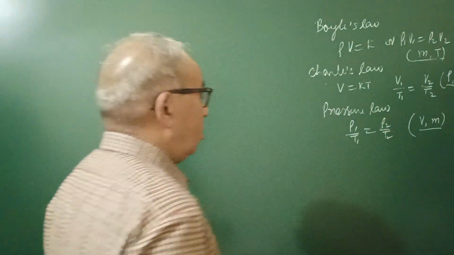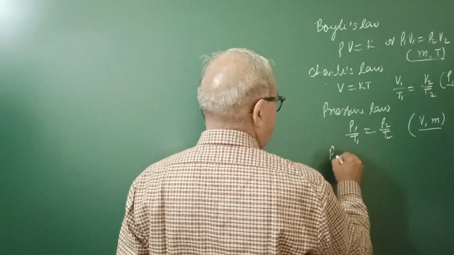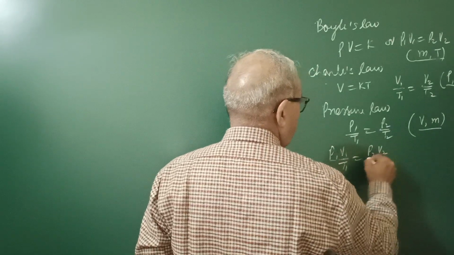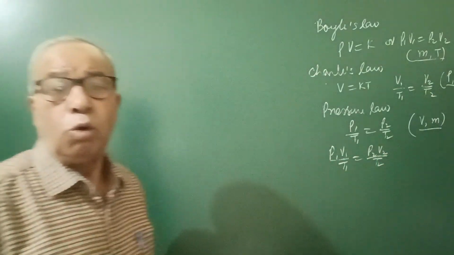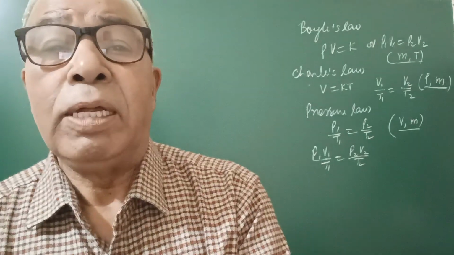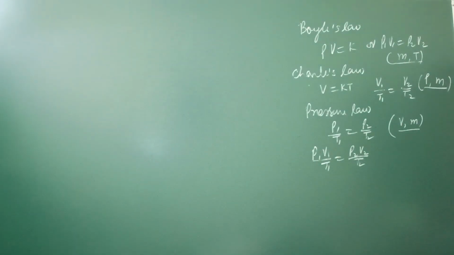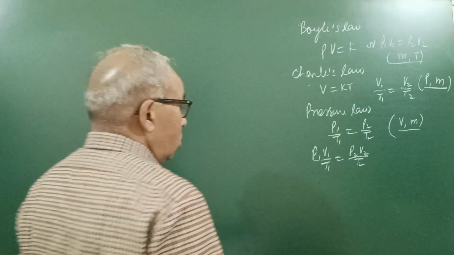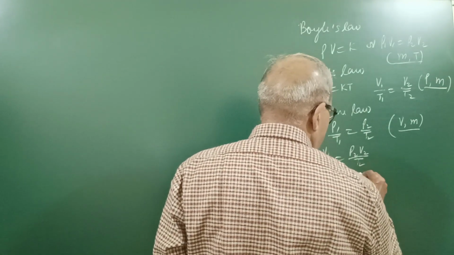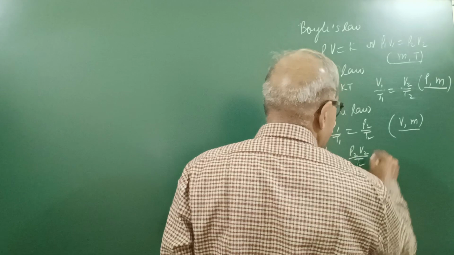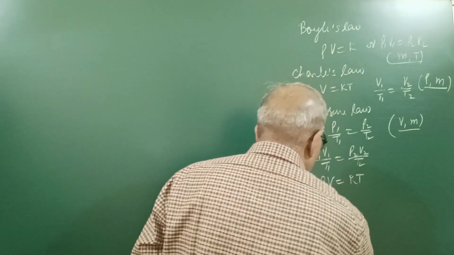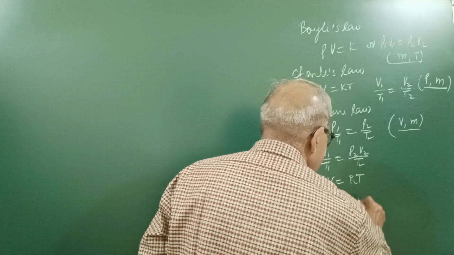Then the general equation we can write: P1 V1 upon T1 equal to P2 V2 upon T2, which can also be written as PV equal to RT for 1 mole, with temperature everywhere taken in Kelvin, or for n moles PV equal to nRT.